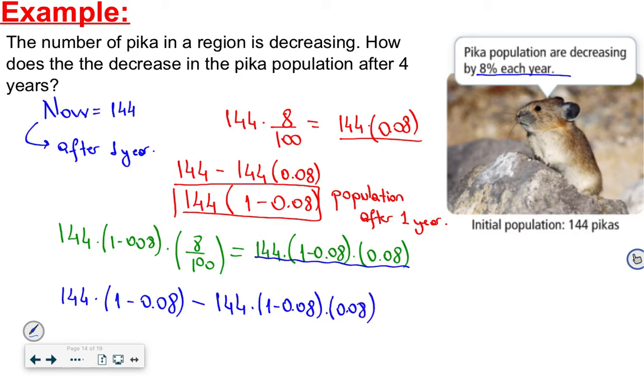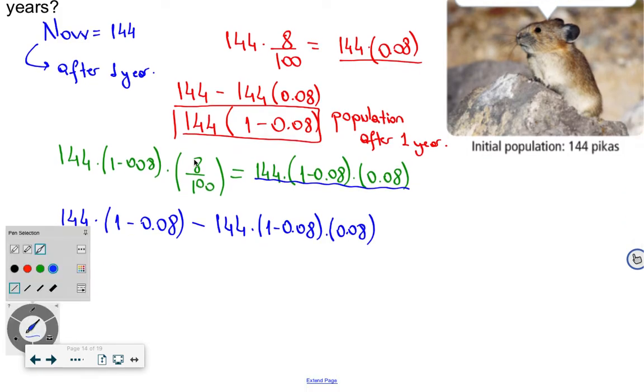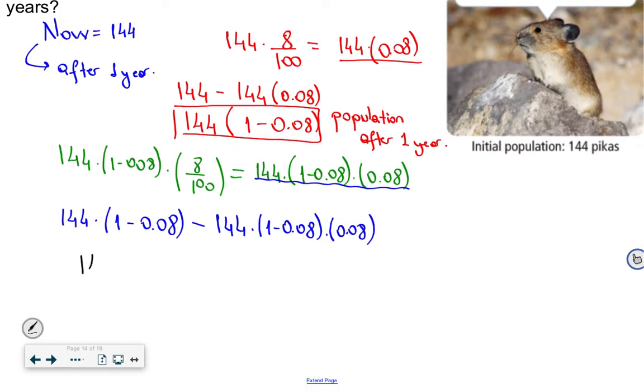If you get the greatest common factor, parenthesis, you will get 144 times 1 minus 0.08. This is the greatest common factor. Then what's going to be left? 1 minus 0.08. So these are the same factor.